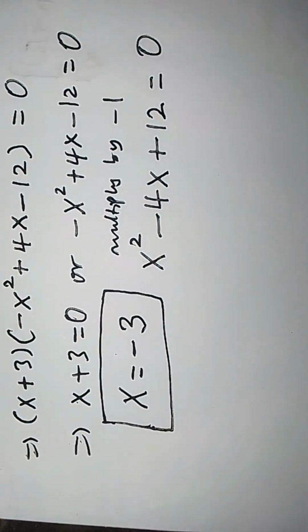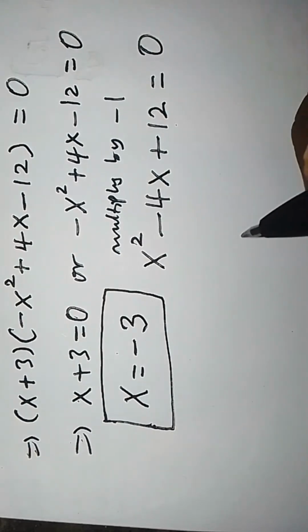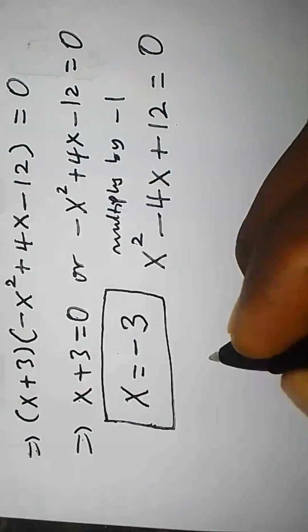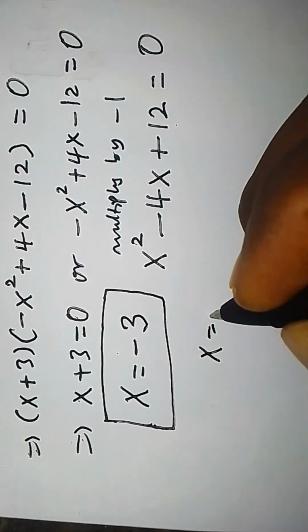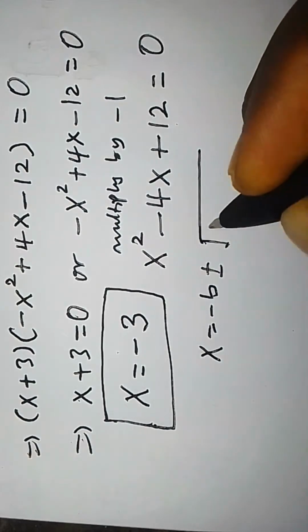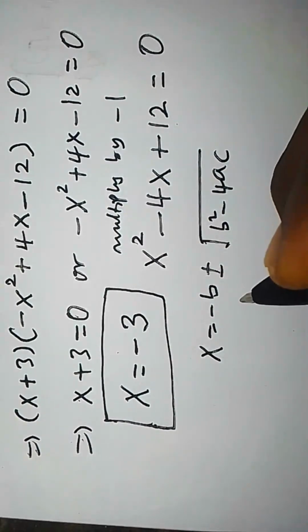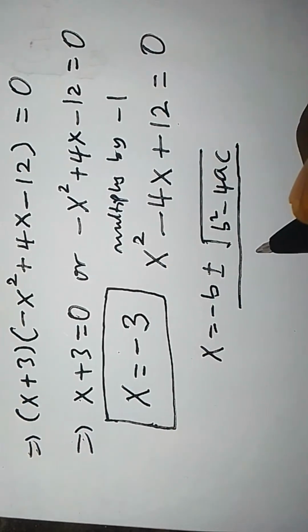We can now easily solve this quadratic equation using the quadratic formula, which says x equals minus b plus or minus square root of b squared minus 4 times a times c, divided by 2a.